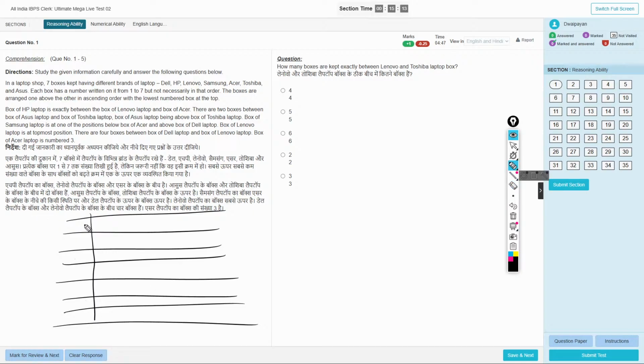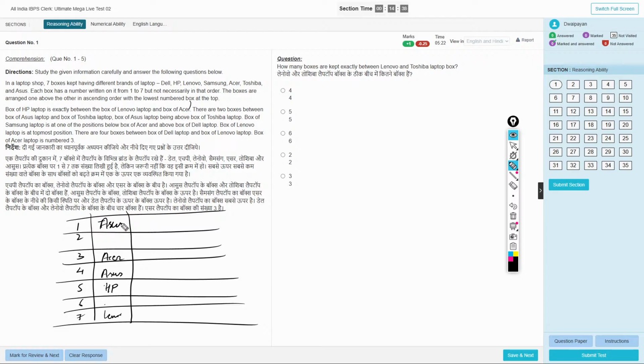Okay, calm. 1, 2, 3, 4, 5, 6, and 7. Now I got two opportunities. Lenovo is at the bottom, so in the middle is HP. Another one was saying that two boxes between Asus and Toshiba, with Asus being above Toshiba.